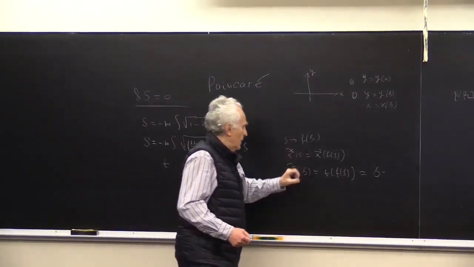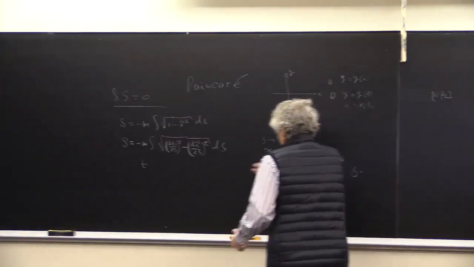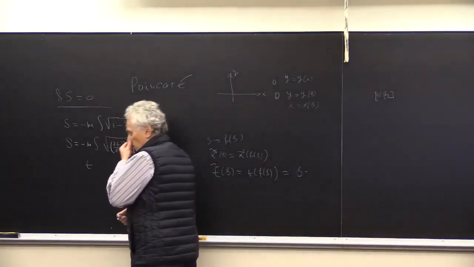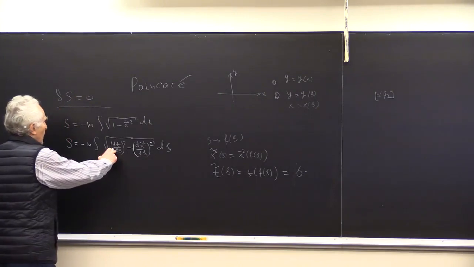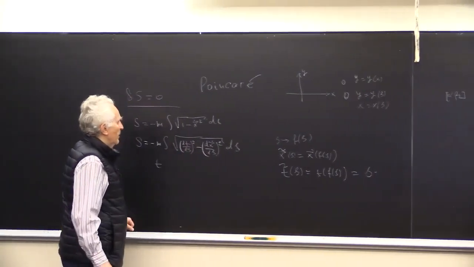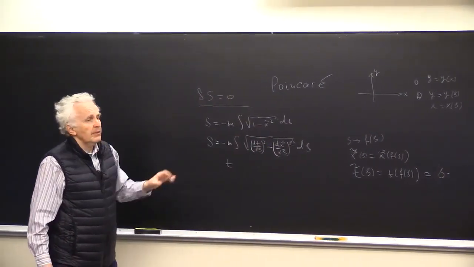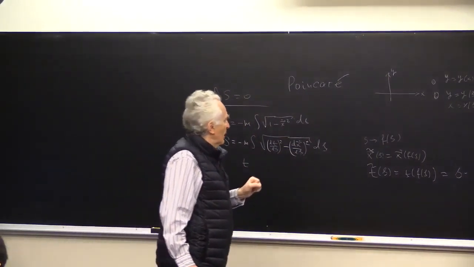When you choose the gauge, this gives you 1, this gives you velocity, and you have the relativistic Lagrange function.